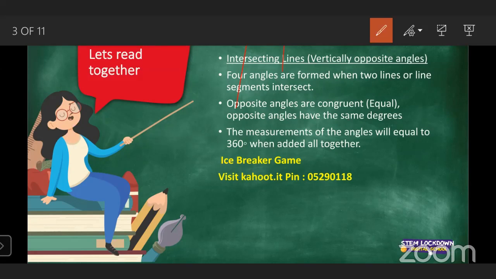Not 2 minutes, I'll give you 3 minutes, because of 20 seconds each for 9 questions. So please go to kahoot.it, enter that pin, and then we'll see the scores before we move on with our lesson.